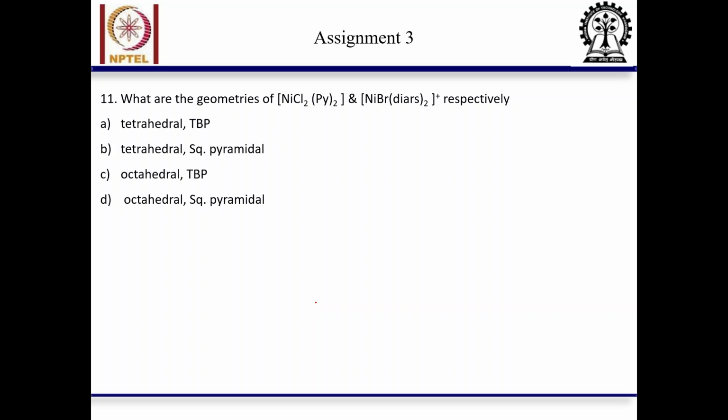No one? Okay. So the correct answer is, so see here we have four ligands. So what will be the possible geometry? It will be tetrahedral, right?